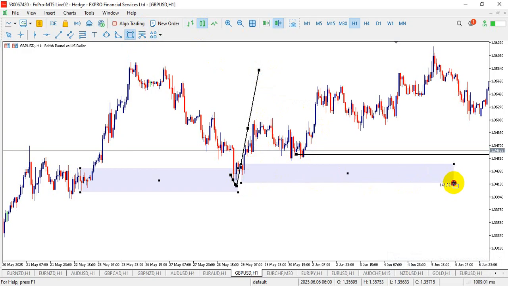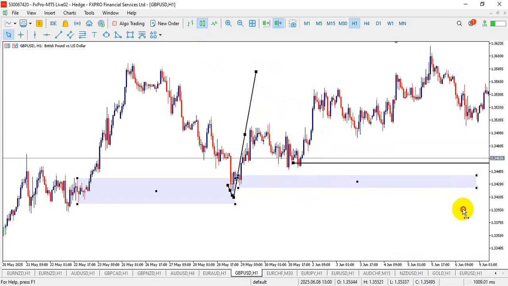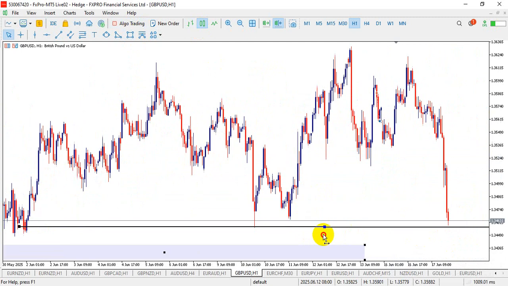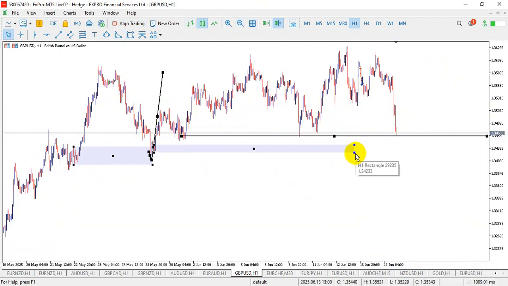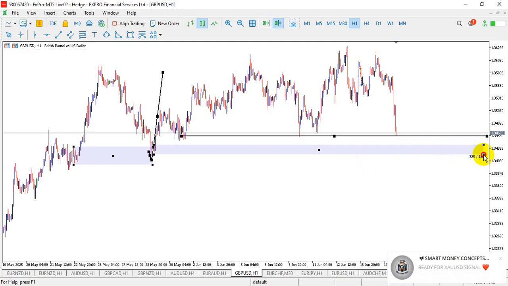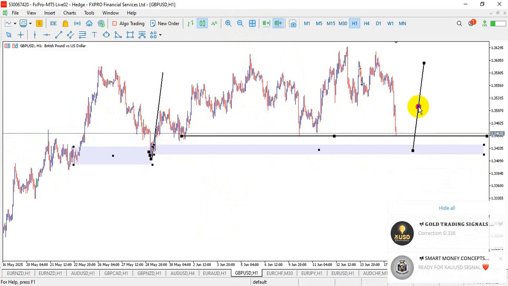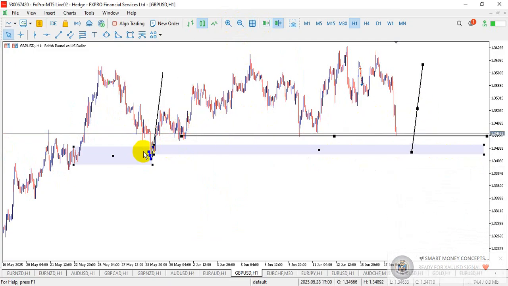So let's take that other block. For GBP USD, I'm looking at this other block for price to push in here. Then we can go for buy.